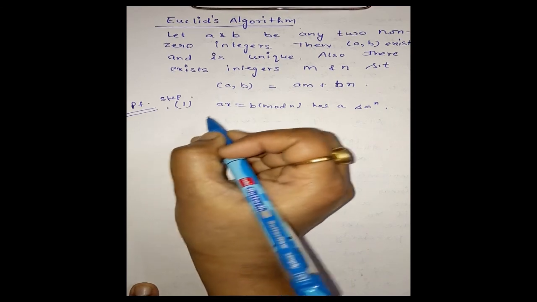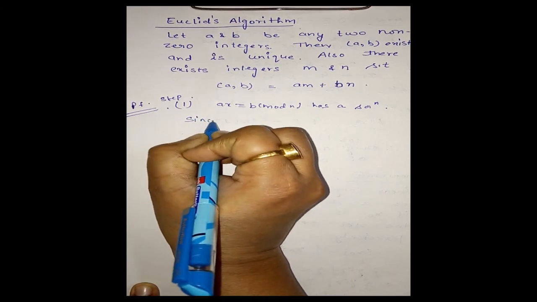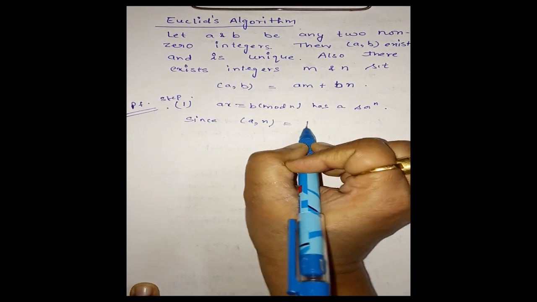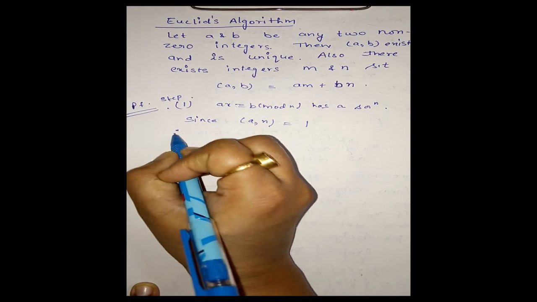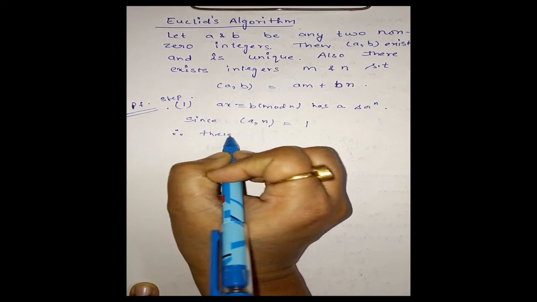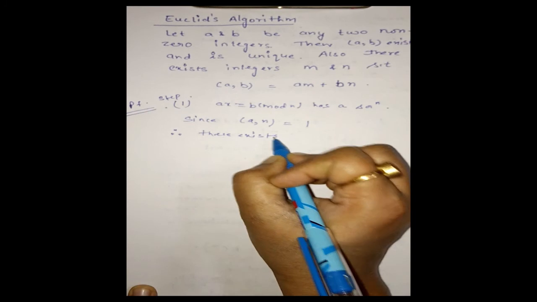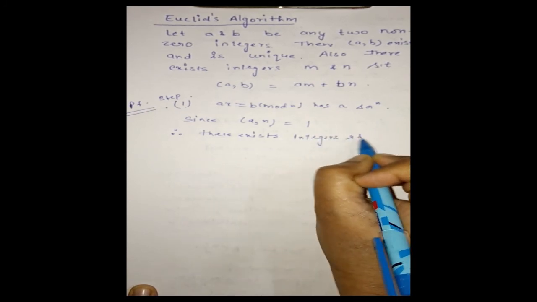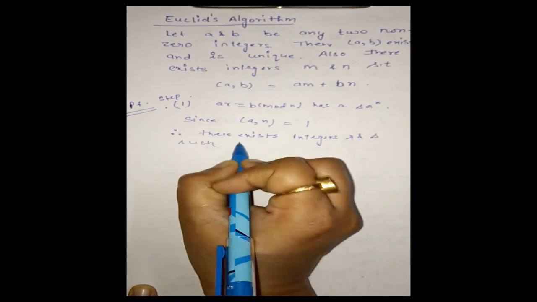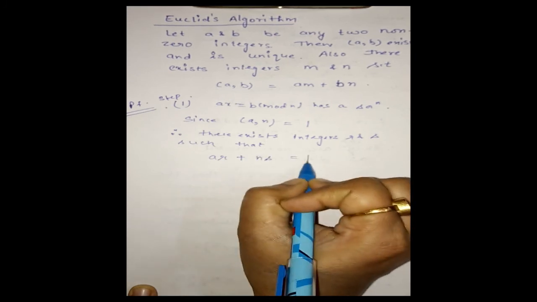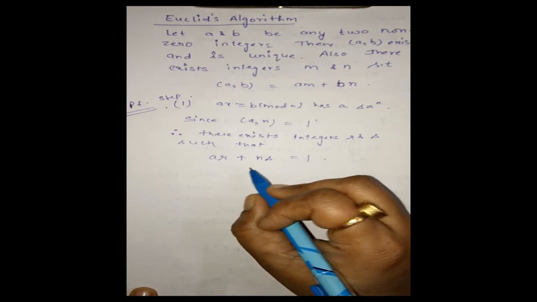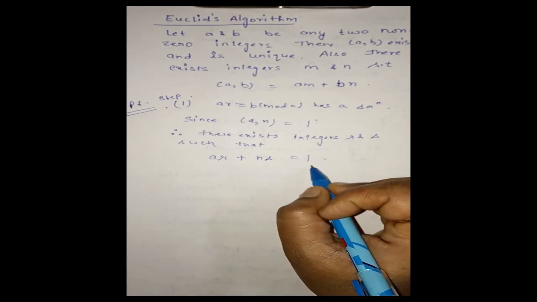Now for this, since we will use Euclid's algorithm, since it is given that GCD of a and n is equal to 1, therefore by Euclid's algorithm, there exist integers, say r and s, such that a into r plus n into s is equal to 1.